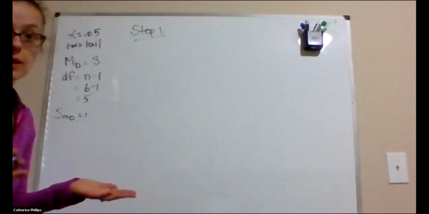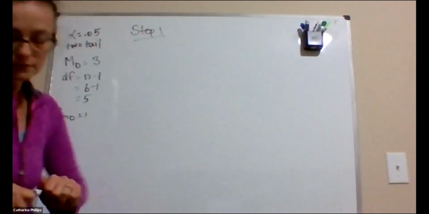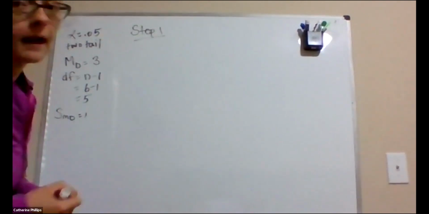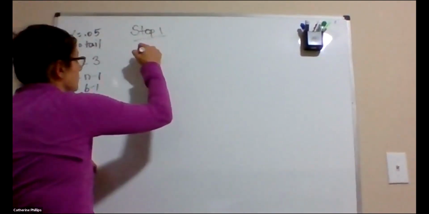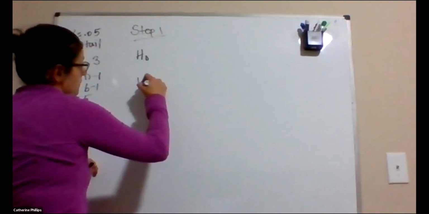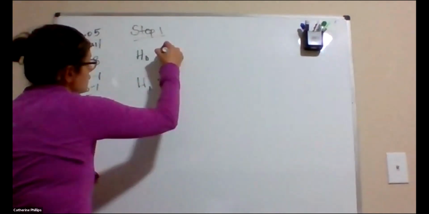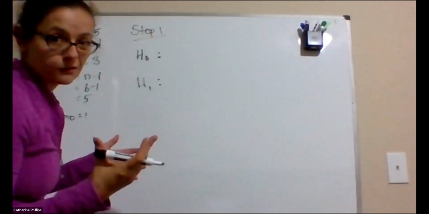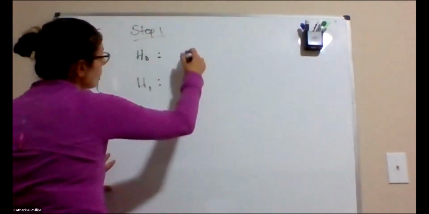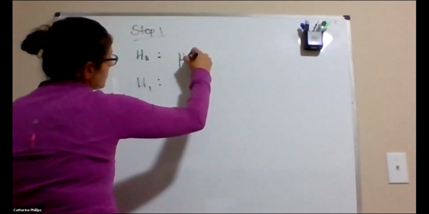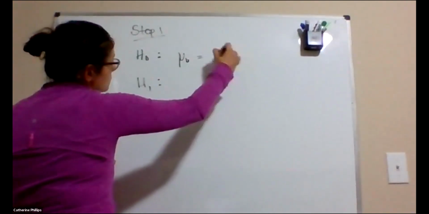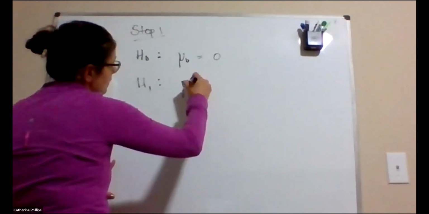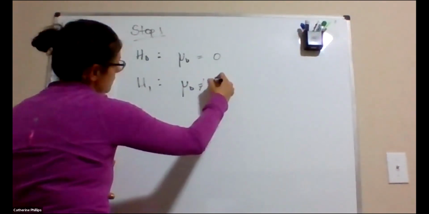we need to have our hypotheses. So the null and the alternative. Now, because it's a two-tailed test, either one is easy enough to start with. It's always about the difference scores. So the mean of the difference scores is 0, or the mean of the difference scores is not 0.